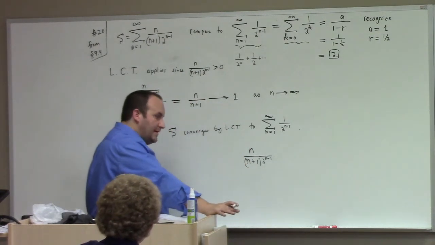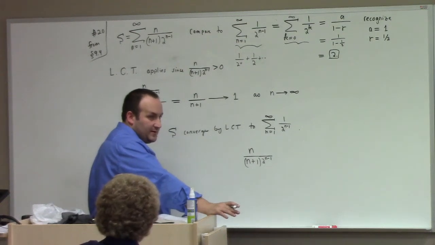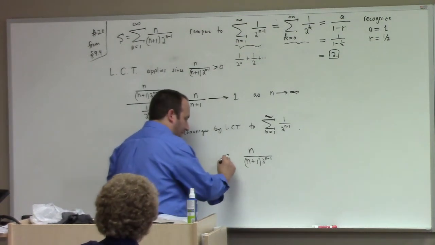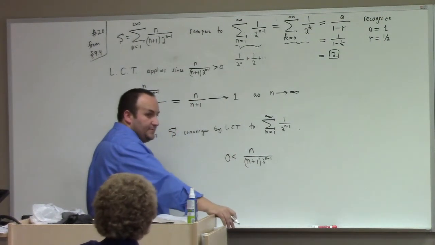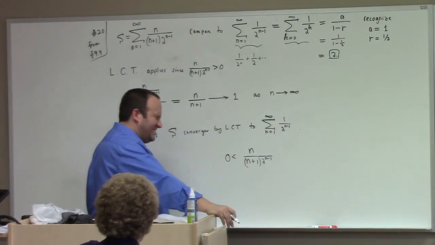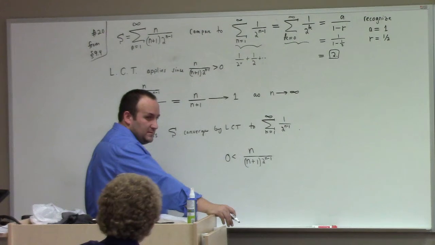I got to think about it. We need the right kind of inequality, right? We need this to be bounded below by 0, positive term, great. To use direct comparison, we need the geometric series to be something larger which converges, right?